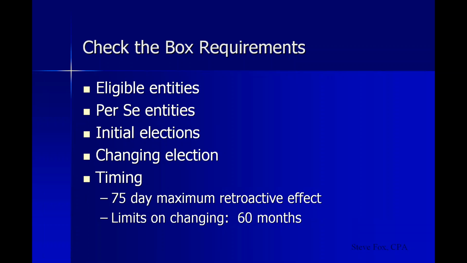Then there are some other requirements to be able to check the box. In addition, there are some defaults. You get to make an initial election for any entity that is eligible to make an election. And if you don't make an initial election, it defaults to something. And the default for non-US entities is based on whether there is any member who has unlimited liability.